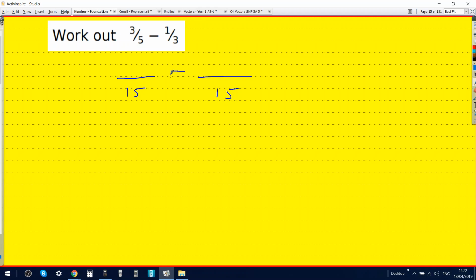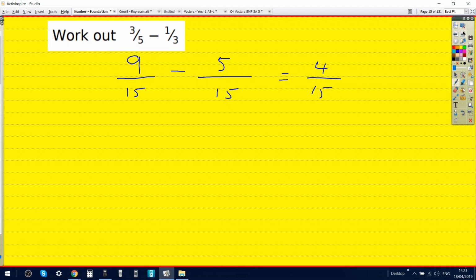So 9 on the top for the left one. And then 5 times 1 is 5 on the top. And then 9 take away 5 is 4. 4 15ths. Well done.